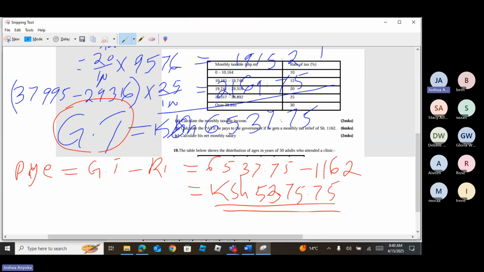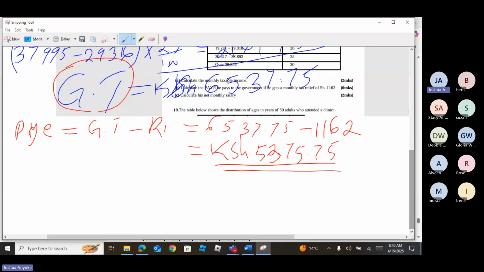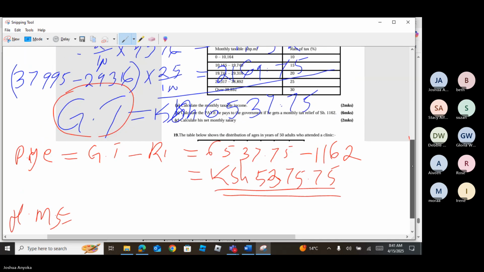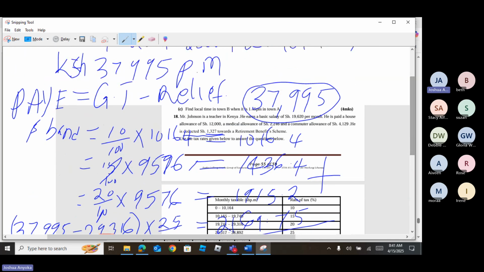Now, our next equation is, we are calculating what? Calculate his net monthly salary. So net monthly salary is equal to total earnings. We get back to the question. What is this person earning?